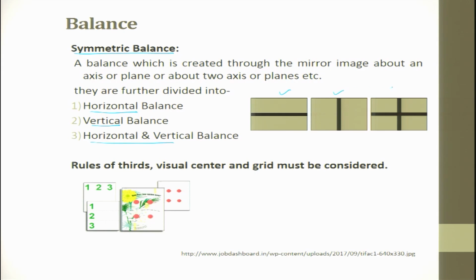And interestingly, when you try to take a photograph, they say you have to follow the rule of thirds. What they say is, you try to take any image and divide it with two horizontal lines and two vertical lines.